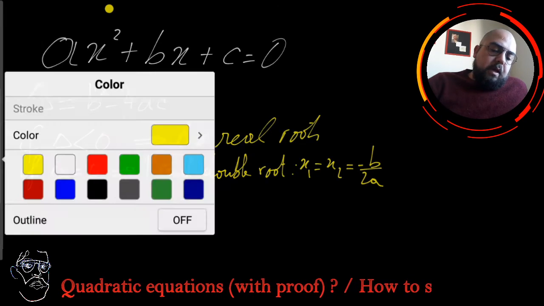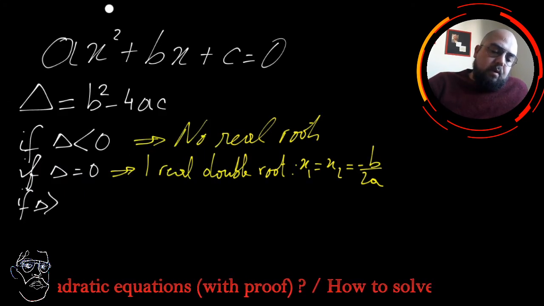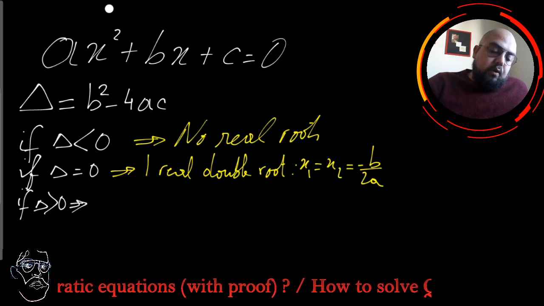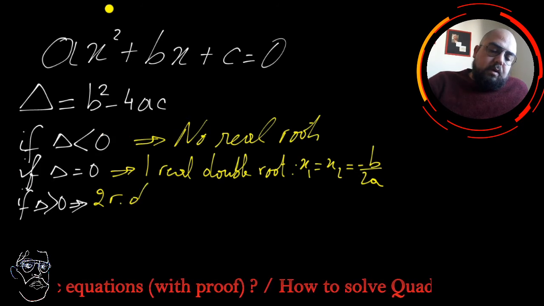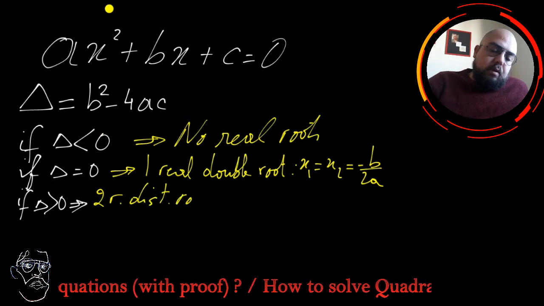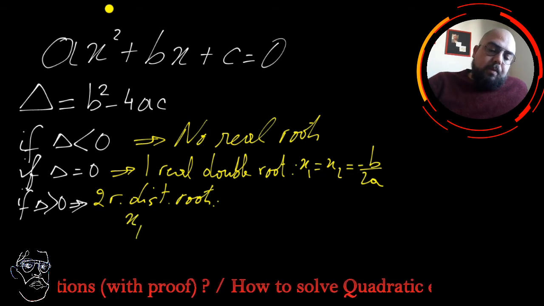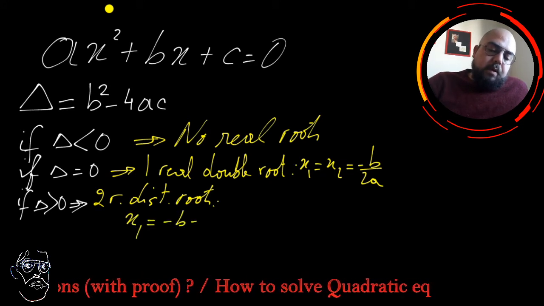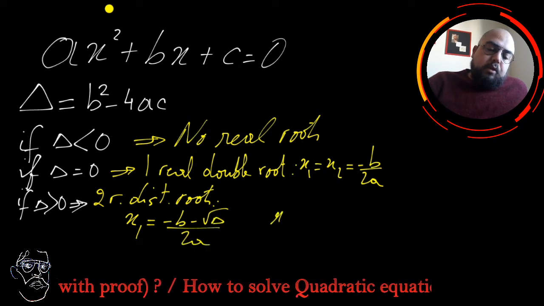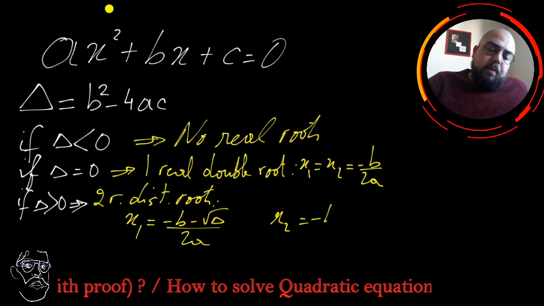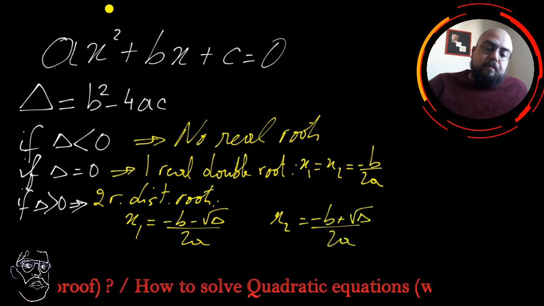And if delta is positive, you will have two real distinct roots, and of course x1 = (−b − √delta)/2a and x2 = (−b + √delta)/2a.